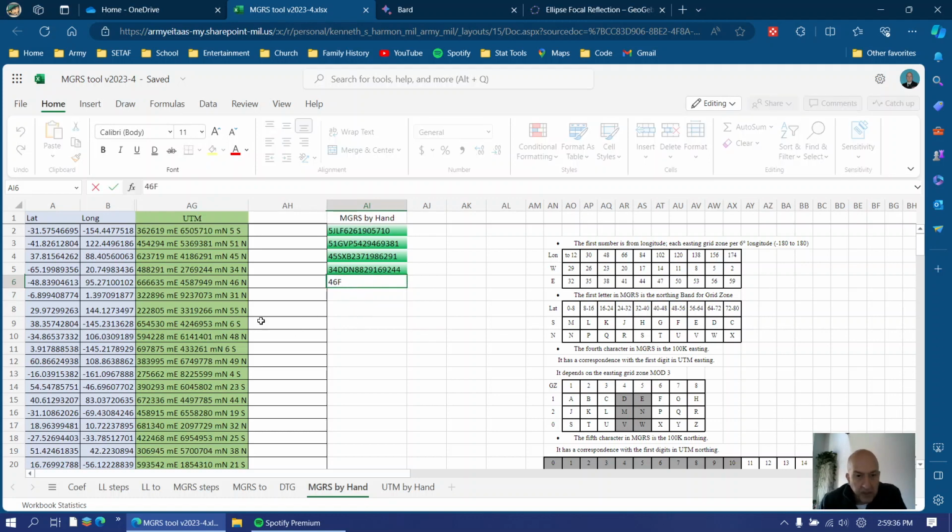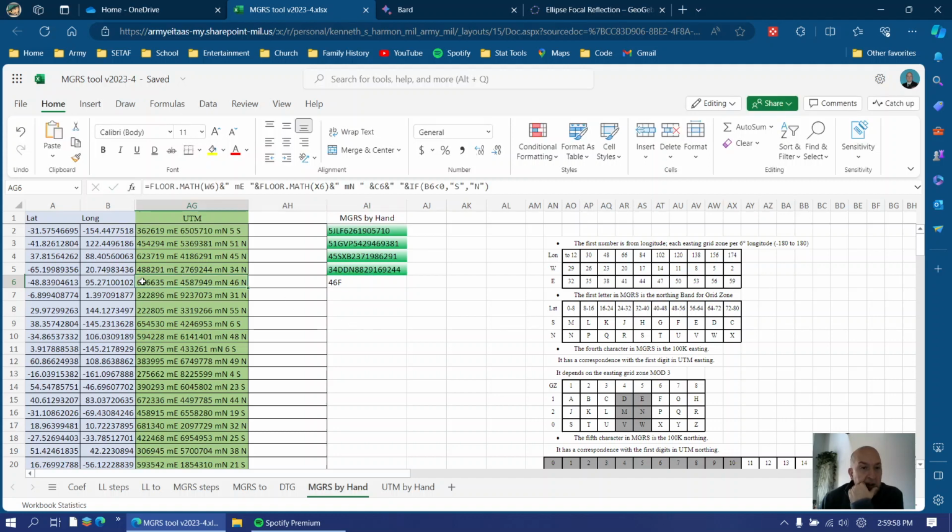Next, we want the next letter, which comes from the grid square that we're in, and the grid squares are these letters here. Depending on which grid zone we are in determines where we start from as far as our numbers go. You see right here in UTM, the very first number in the easting is a 6. So I'm starting with this 6.